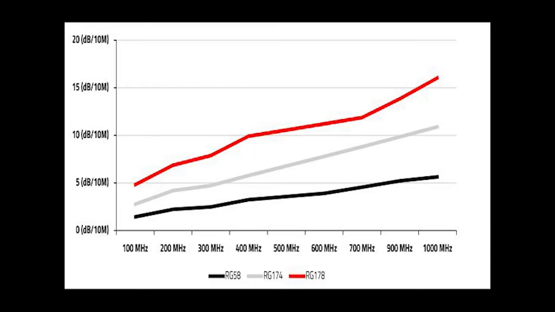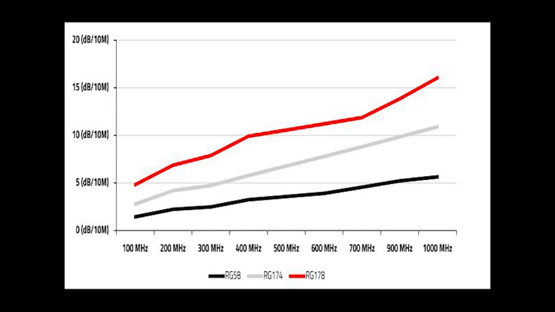For example, when selecting a cable assembly for FM radio, the working frequency is mainly about 800 to 900 MHz, and the option could be RG58, RG174, or even RG178. If you only select the cable by attenuation specifics, then the ideal choice is, of course, the RG58, because it presents the best attenuation result.